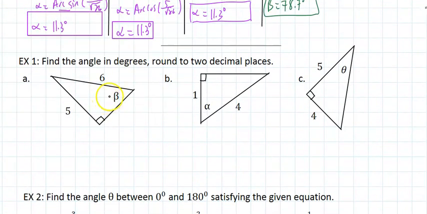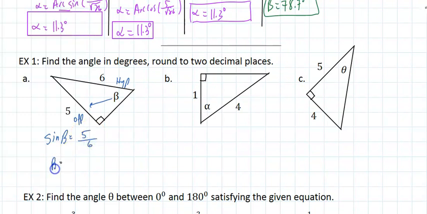I'm given an angle, beta. I'm given the opposite, and I'm given the hypotenuse. And I have a trig function for any combination, and between examples A, B, and C, I touched on all of them. So here, I want a trig function that combines an angle, the opposite, and the hypotenuse. I know the sine of beta is the opposite over the hypotenuse.